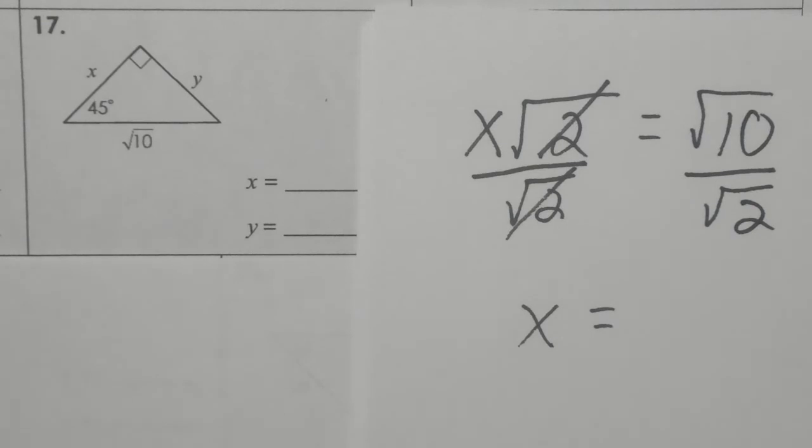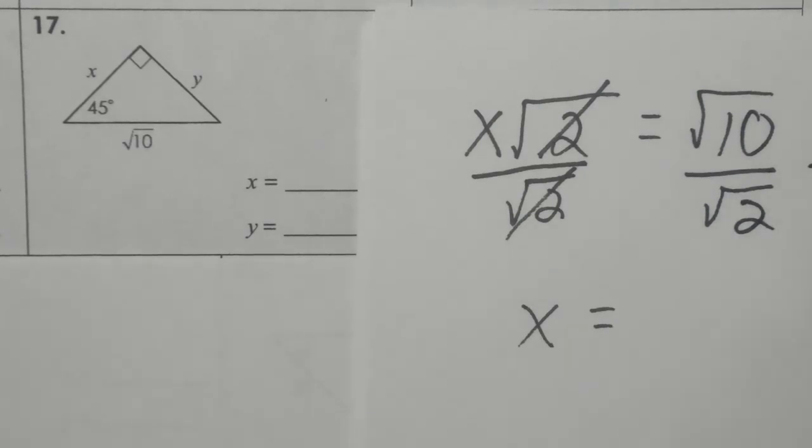So what I'm going to do is multiply by the square root of 2 over the square root of 2, which really is 1, right? So that means I can multiply by this, and it won't change the value. It'll only change the appearance or the form that it's written in. Now this is important because I don't want to change the value of one side of an equation, but I do want to change how this appears.